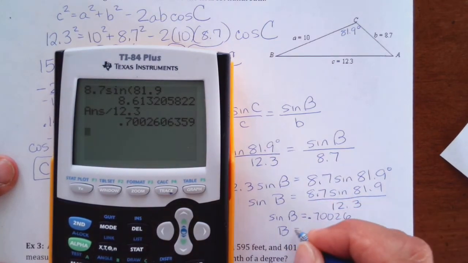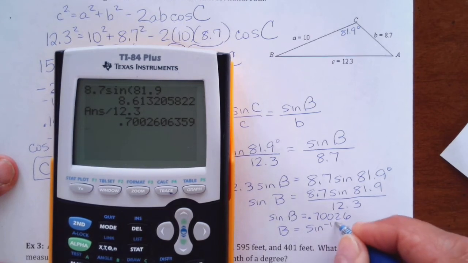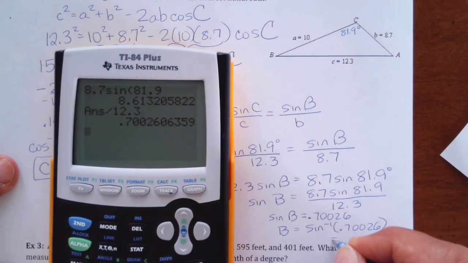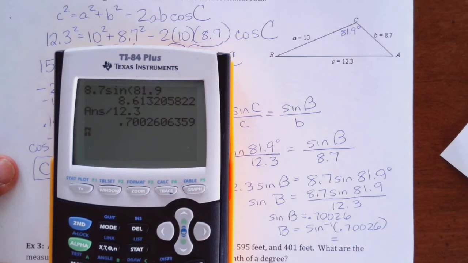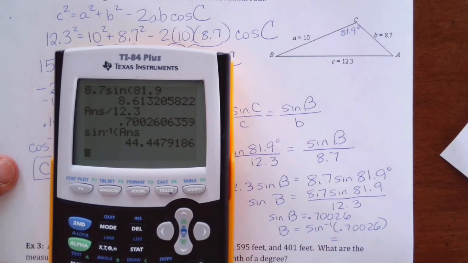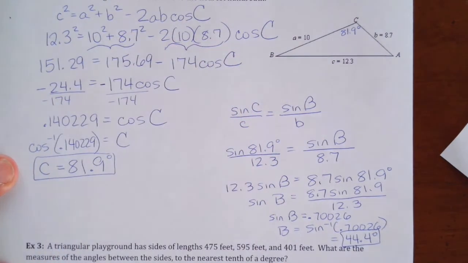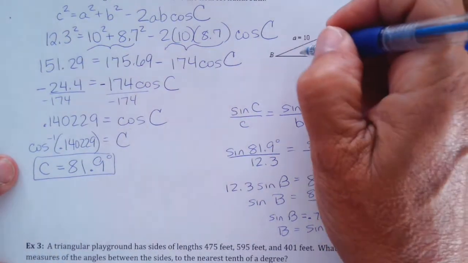Take the inverse sine of both sides, and that'll give you angle B, so second sine. So 44.4 degrees. That would be angle B, 44.4.